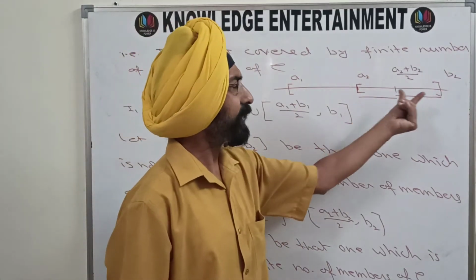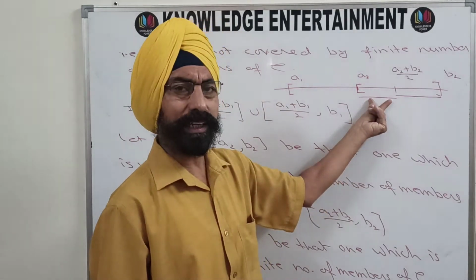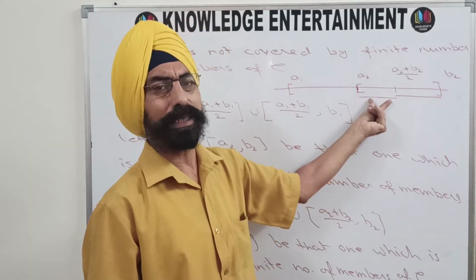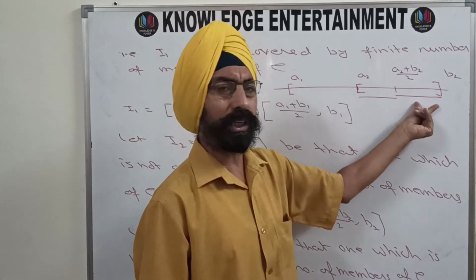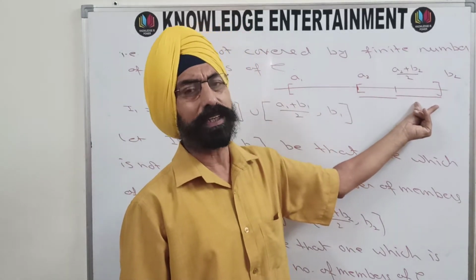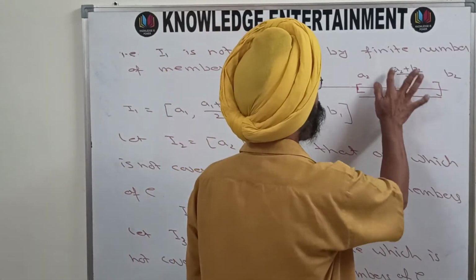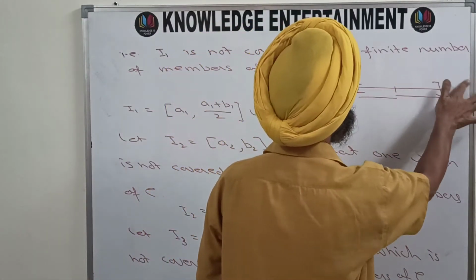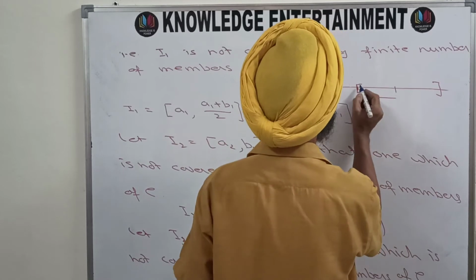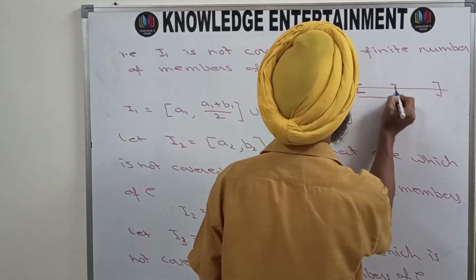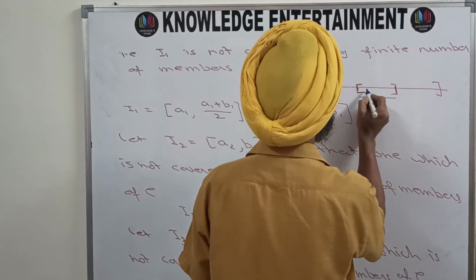It is either this one or this one. If it is not covered by a finite number of members of C, we will rename it as A3 B3. So suppose your A3 B3 is this interval, the new interval.